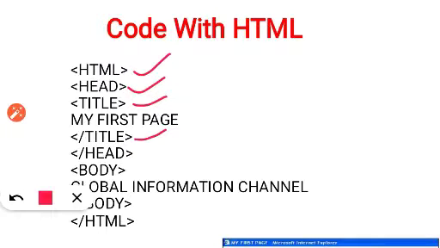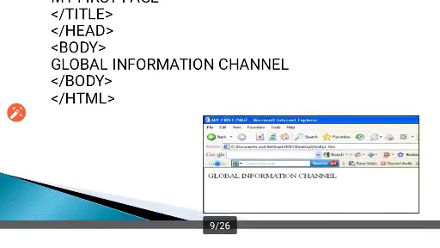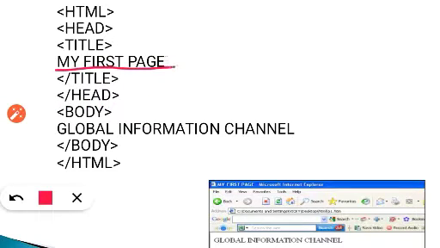You can see over here, since I have written my first page as the title, so here you can see my first page as the title when we are browsing it. Okay, and then we will close the title tag. After that we will close the head tag. You can also close the head tag after body, but generally we forget to close it, so it's better close it just after the title tag only.